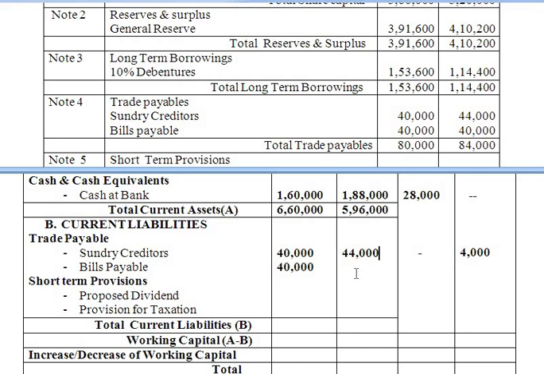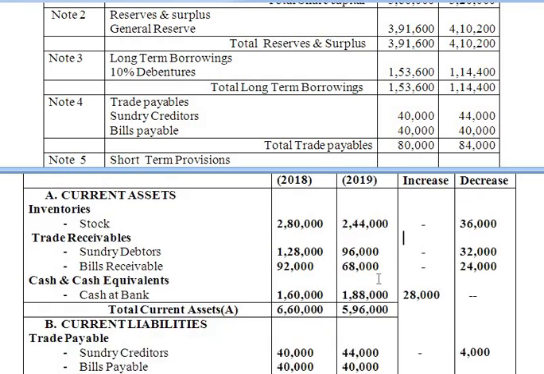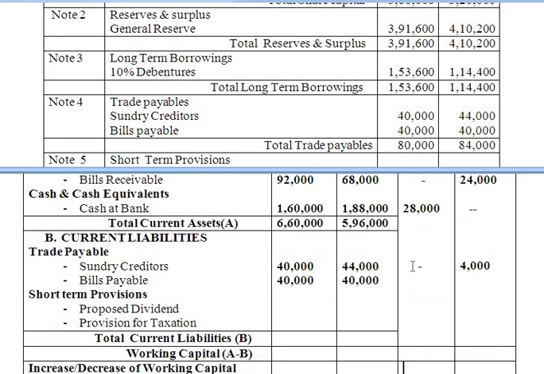There is no increase or decrease in the amount of bills payable. So there is no effect on working capital, neither an increase nor a decrease. So we have to put a dash over here.